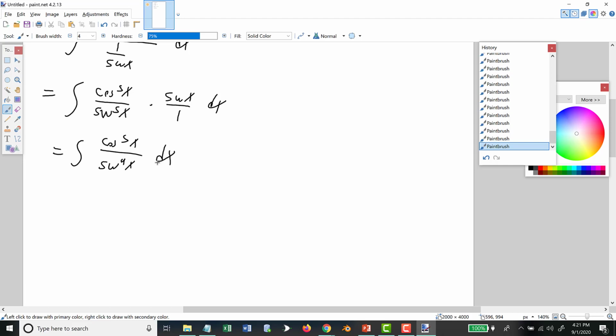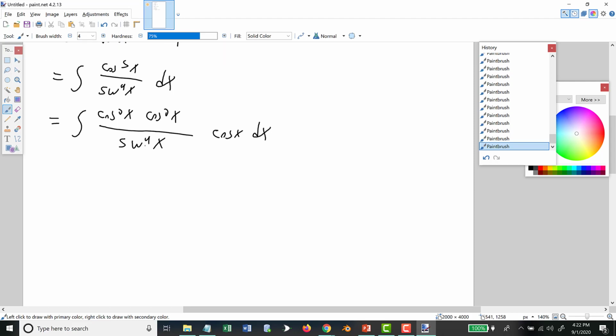I got cosine to the 5th. That means, I believe, I want to keep one of those cosines. And I'm left with cosine squared times cosine squared over sine to the fourth, and I've kept one of these cosines.